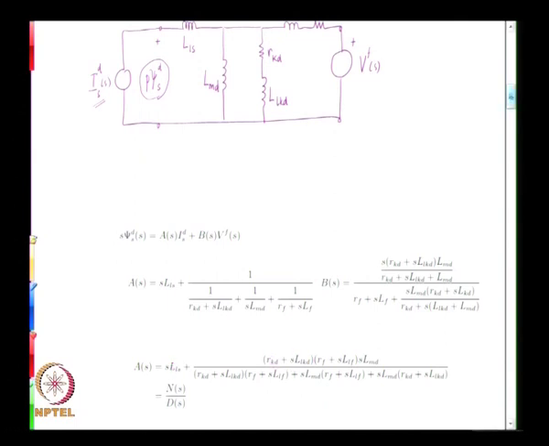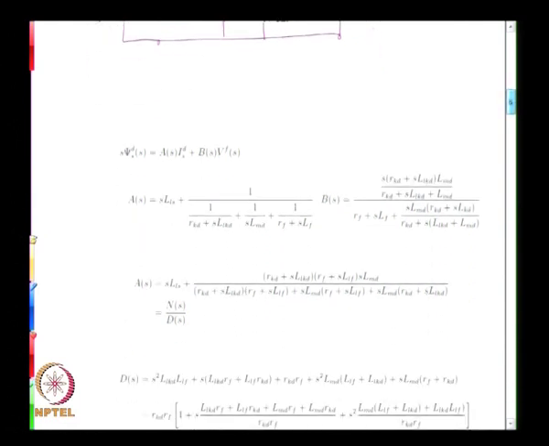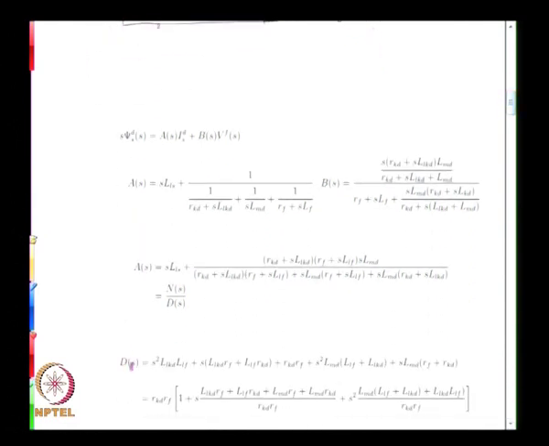So let us now look at the denominator alone. The denominator, which is this term, if we expand all the terms together, obviously one can see it is a second order expression. So you have an S squared term coming from all these 3 terms.